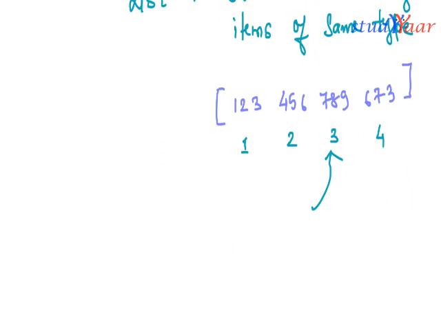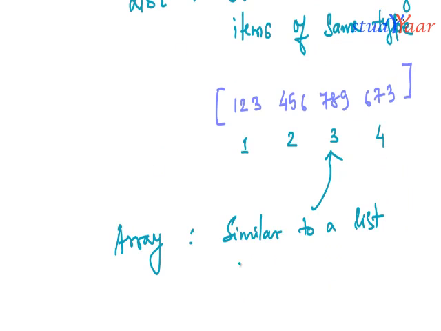And finally we have an array kind of type constructor. An array is similar to a list but with a fixed size. An array is the same array that we use in programming languages.